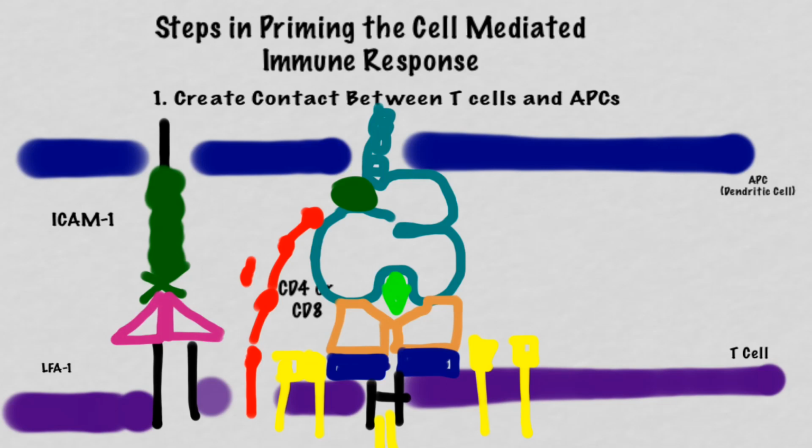I liken this LFA1-ICAM1 interaction to shaking someone's hand when you first meet them, as opposed to giving them a giant big bear hug. At this point, the association between ICAM1 and LFA1 is fairly weak. It's just enough to bring the cells in close proximity so that the T cell can figure out if this is its antigen of interest.